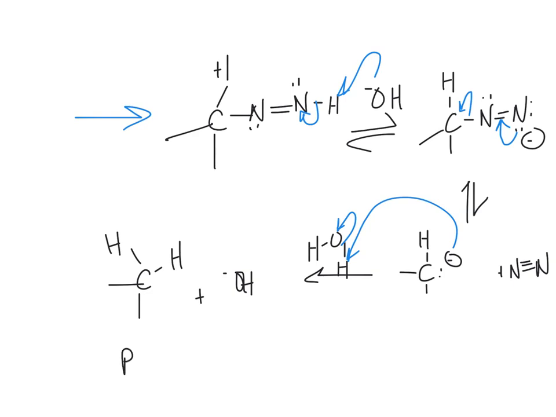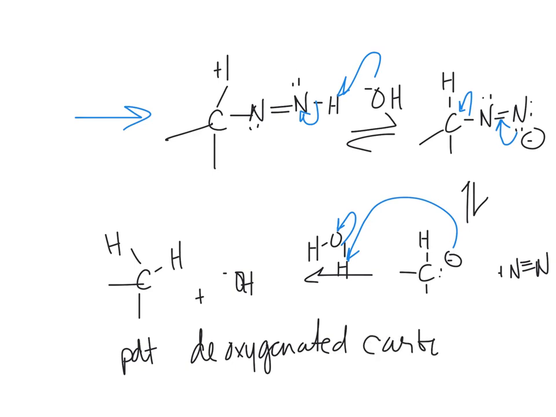So that's our product, our deoxygenated carbonyl. Carbon, because it used to be a carbonyl, but now it's just a carbon. And that is the Wolff-Kishner mechanism. So remember, we started with formation of the imine in mild acid and finished deoxygenating with strong base.